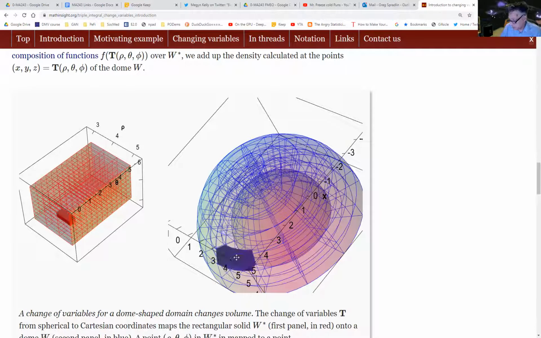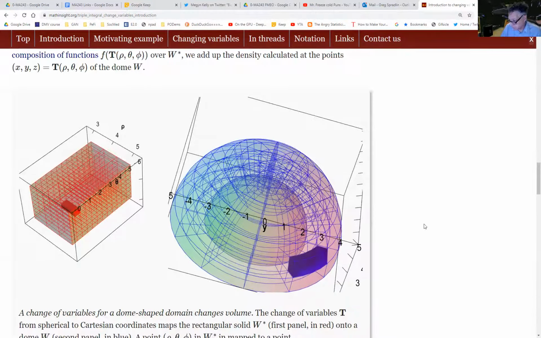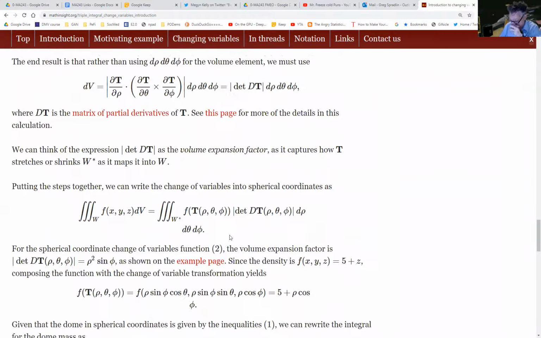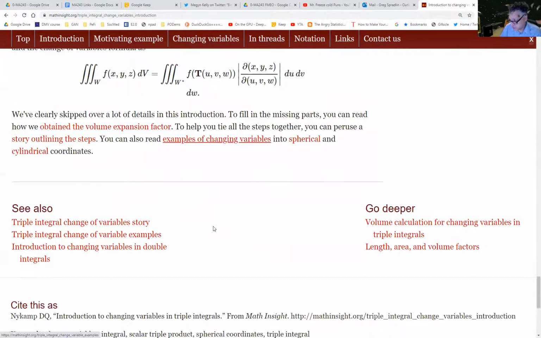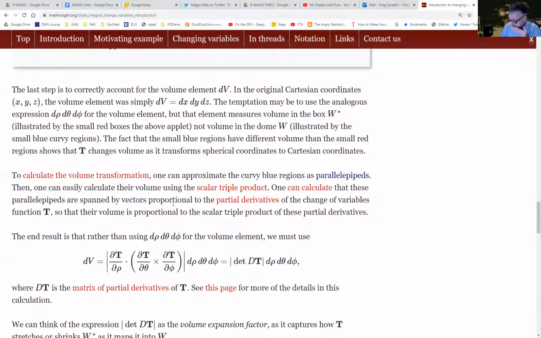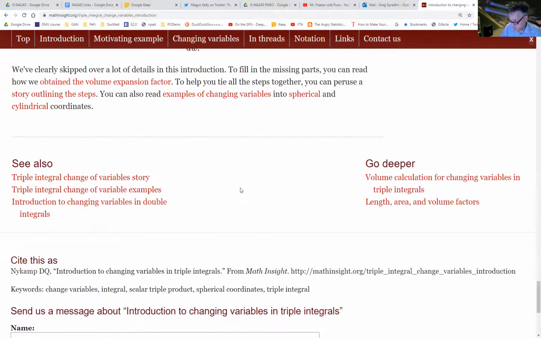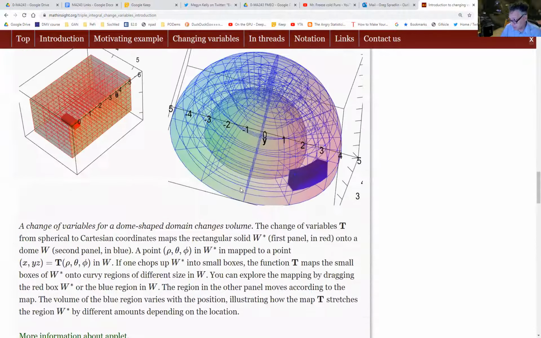But when you use spherical coordinates, on the right, in the real world, on this cantaloupe, they have different sizes. They have different volumes. And they have a justification for the rho squared sine phi. It's different from the one we used. This is fancier. They use something similar to what we're going to do later, using the Jacobian, but we'll see that later. Okay, so let's do an example of using this.